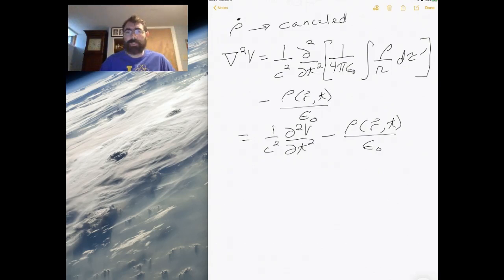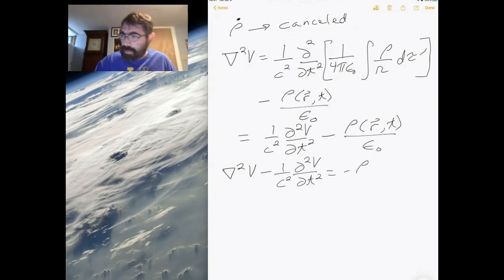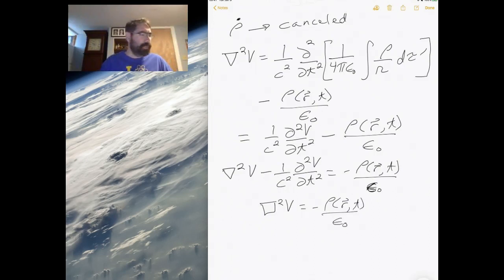If I subtract the time derivative from both sides, what I've achieved is essentially this result back again, by considering the equation in both a retarded time and now in the time of right now.